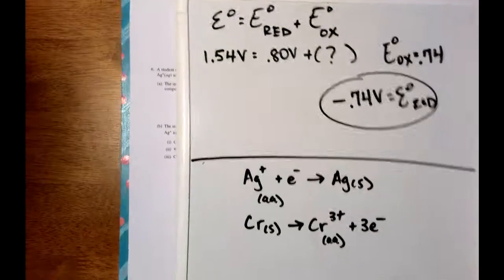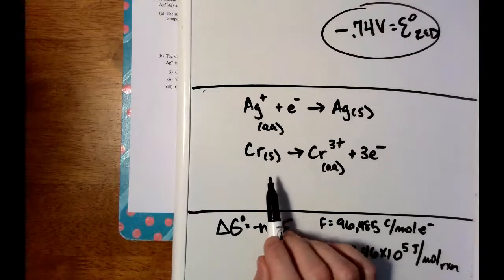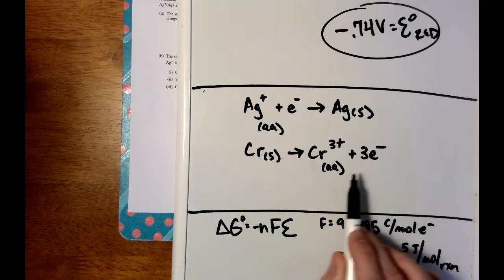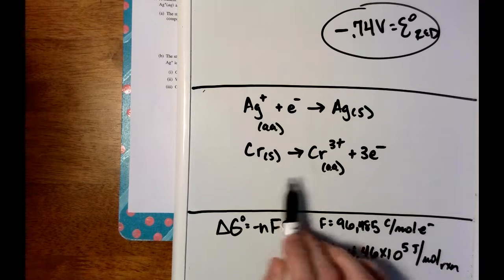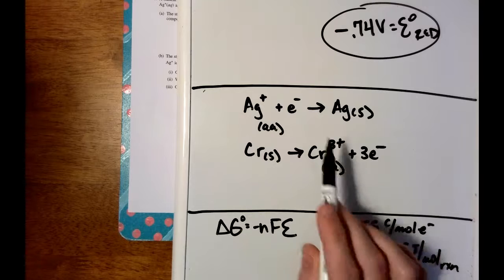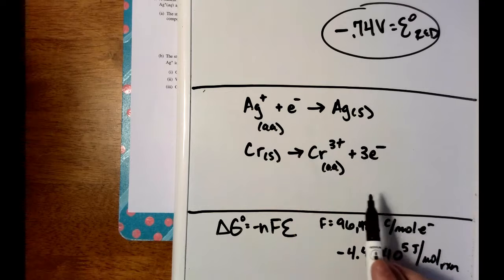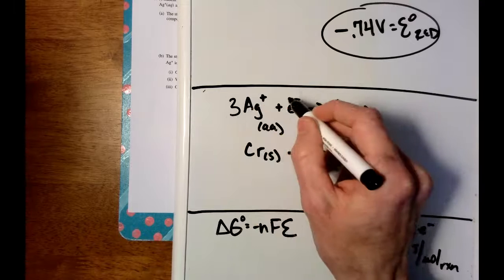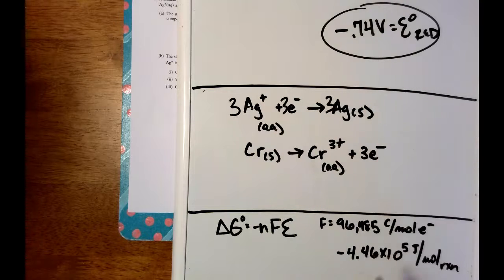For the balanced equation, we have our two reactions. I have already flipped the chromium. We are now looking at chromium being oxidized. We need to balance the electrons before we can combine, which means that we need to triple the silver reaction.